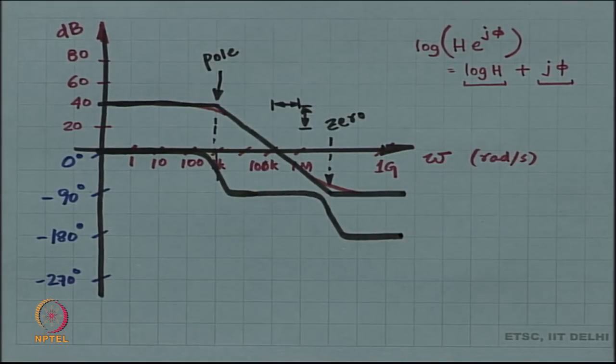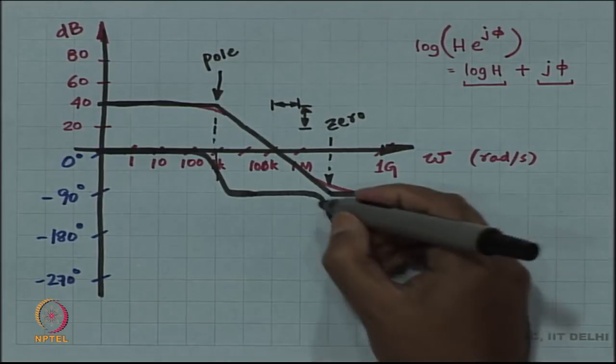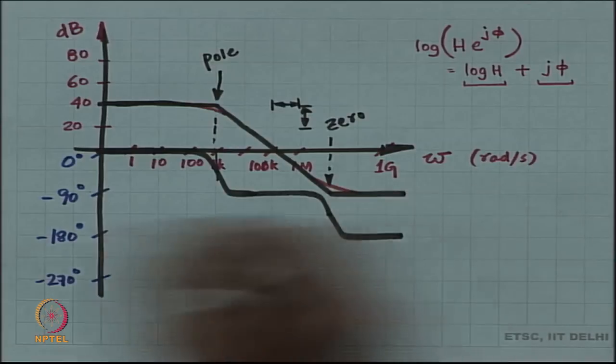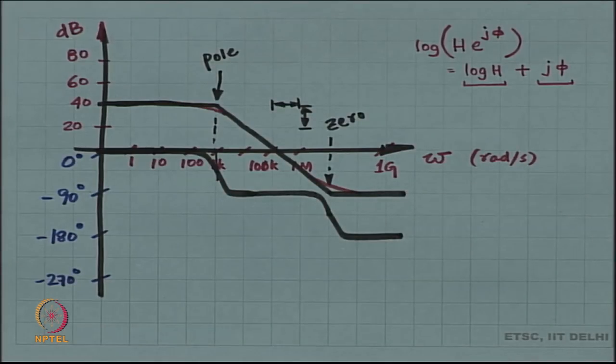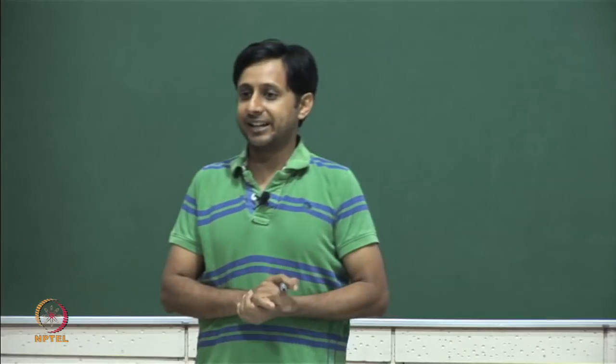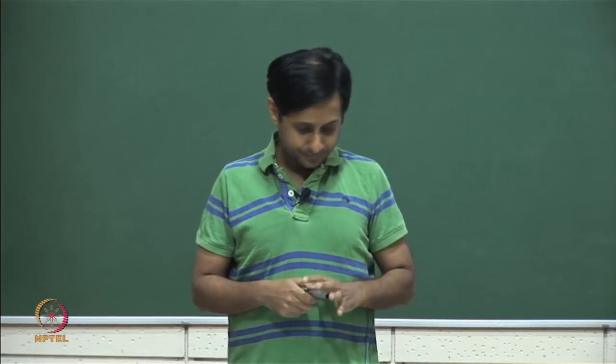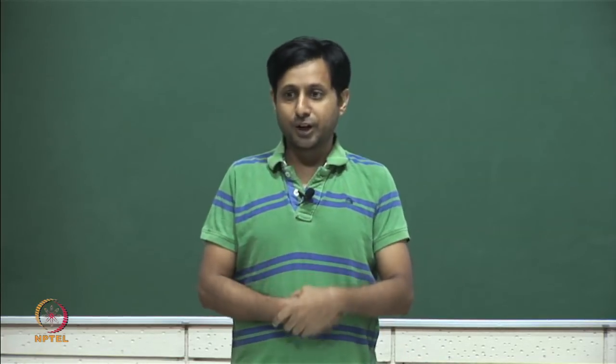So, this is our Bode plot. Once again, at this precise point at the 0 frequency, I have made an adjustment of only 45 degrees, not the full 90. The full 90 spreads around over a decade. All right. So, this is how you draw the Bode plot.